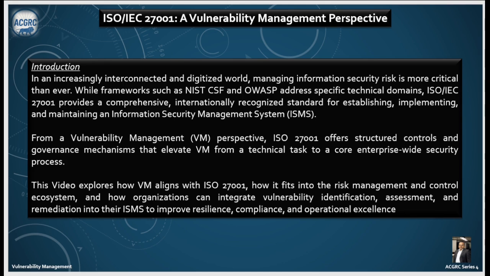We look at how it supports technical and governance practices and helps teams stay both secure and compliant in a structured way. Whether you are building a security program or preparing for certification or simply improving how you manage weaknesses in your system, this framework provides a trusted foundation to do it right.